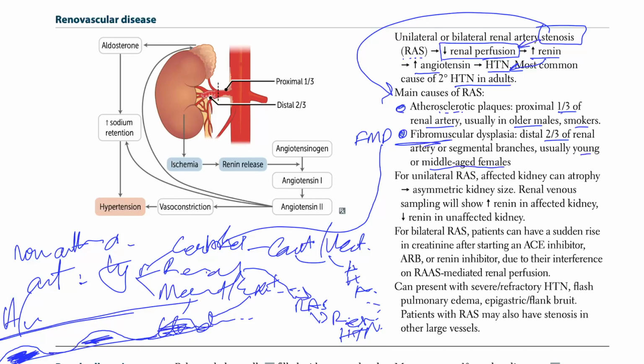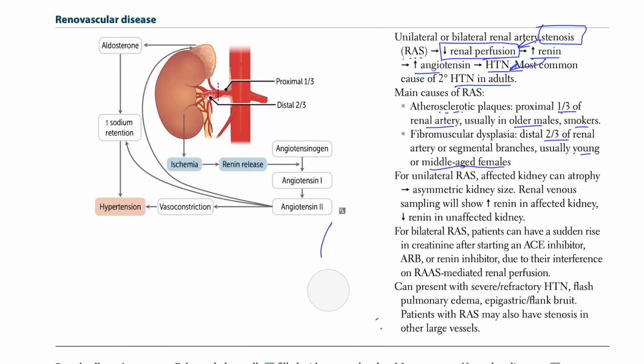So if you were to do angiography, you will see string of beads appearance. Okay, so that's all we have for fibromuscular dysplasia.